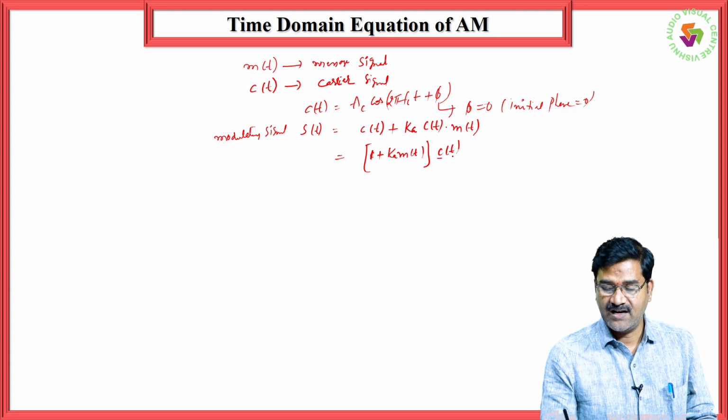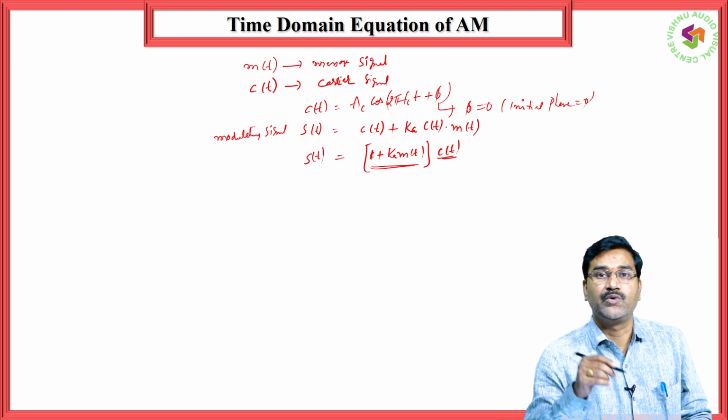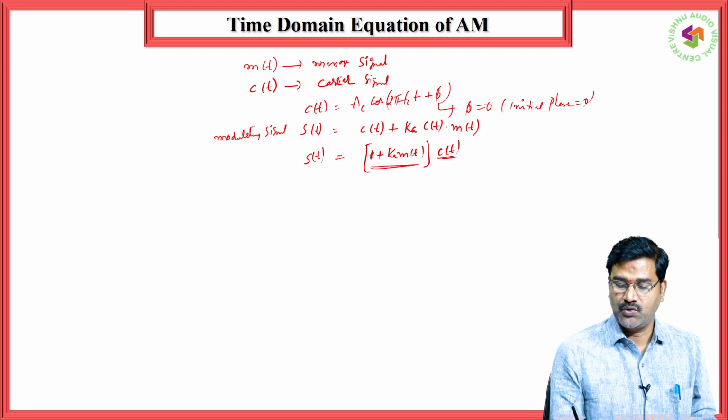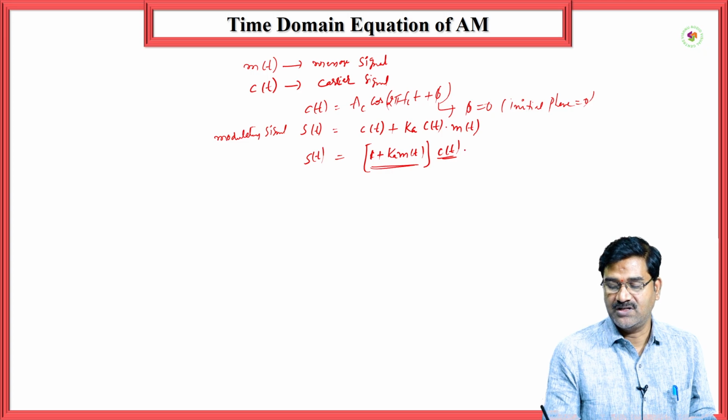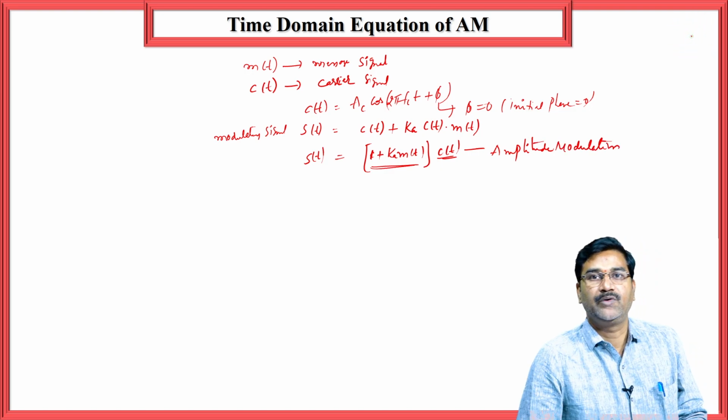Means the carrier amplitude is 1 plus Ka M of t, means your modulated signal amplitude, modulated carrier we call it as, is directly proportional to the message amplitude. That is why we call this as amplitude modulation.